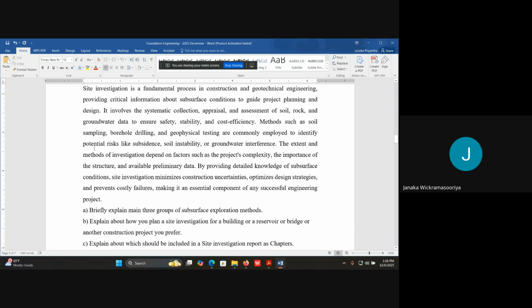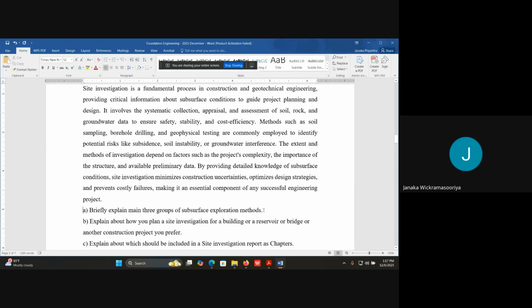So even though you read this paragraph, you will not be given any answer for these questions. This paragraph is only an entrance to the question, right? Now, briefly explain main three groups of subsurface exploration methods.